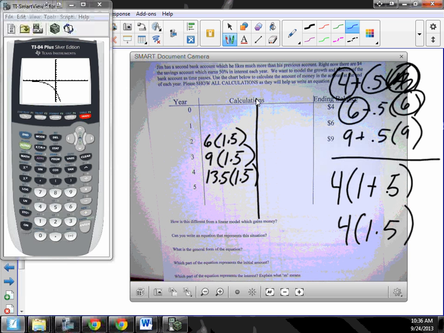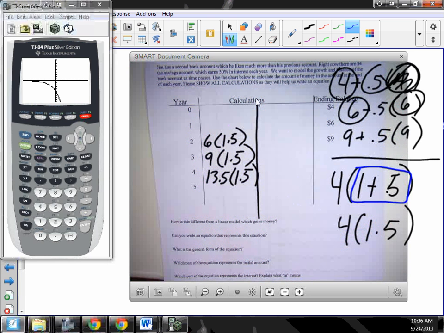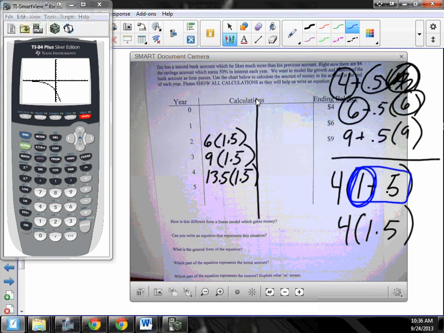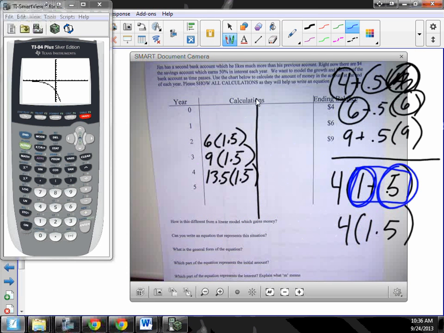Because of this. This says I have $4. I'm going to keep 100%. What's 100% of 4? 4. So I get to keep $4, and then what am I going to do? I'm going to add an additional 50%. So 1.5 represents 150%.